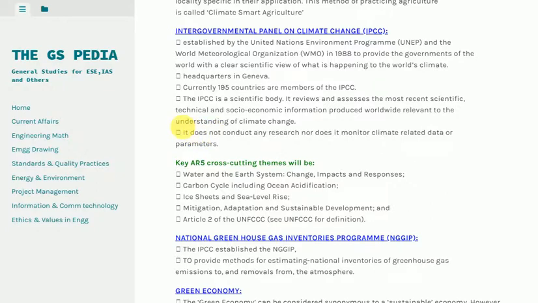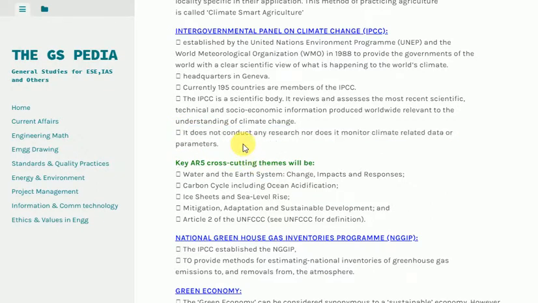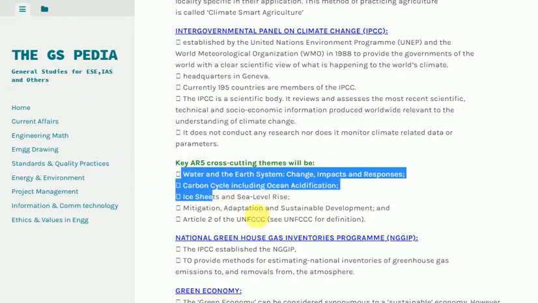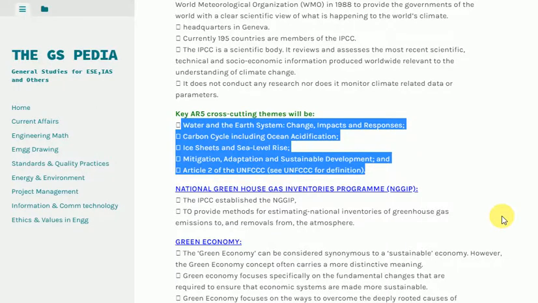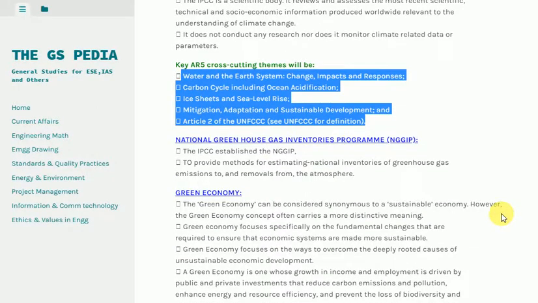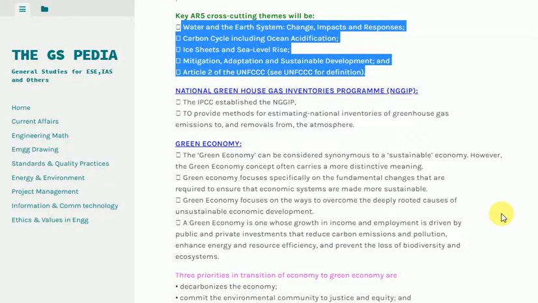Key AR5 cross-cutting themes will be water and the Earth system, change, impacts and responses, carbon cycle including ocean acidification, ice sheets and sea level rise, mitigation, adaptation and sustainable development, and Article 2 of the UNFCCC for definition.